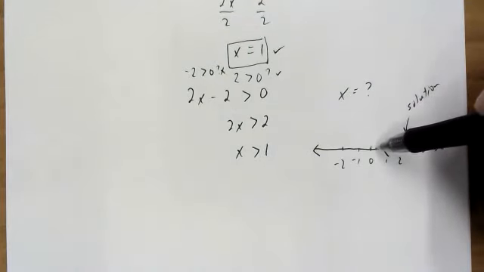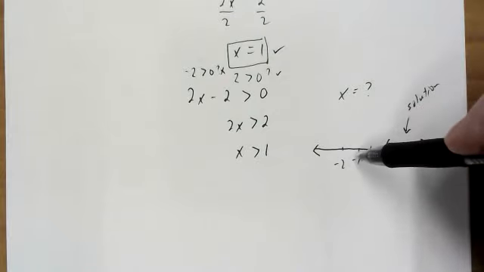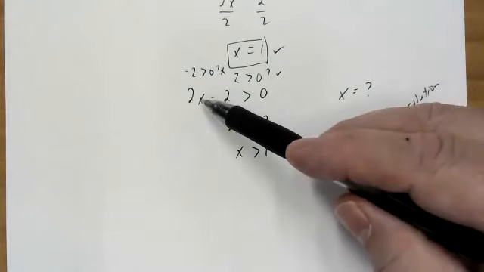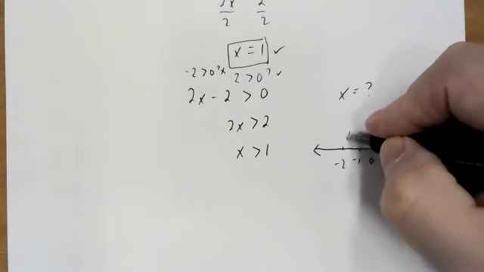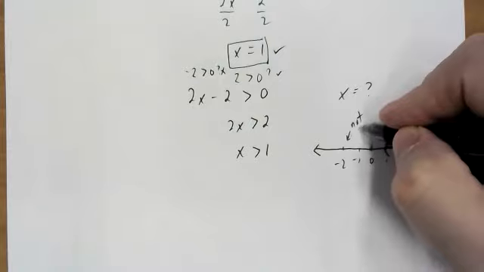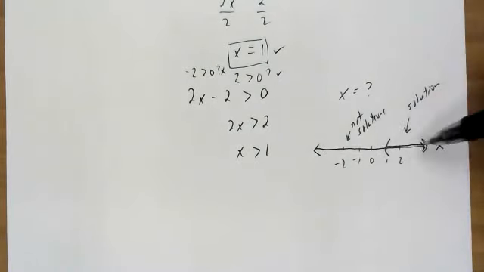And also, any value I would choose over here to the left of my graph, if I plugged any of those numbers into my original inequality, it should not be true, because these are not solutions. So this number line is another visual way to represent solutions.